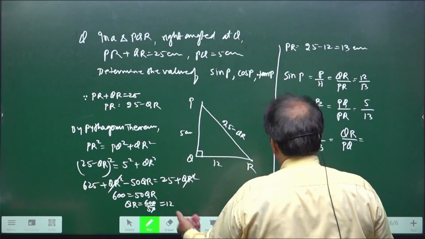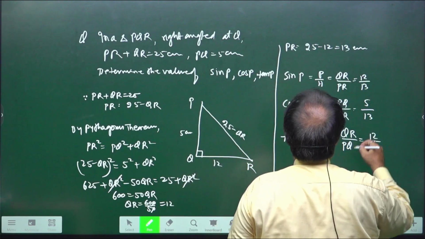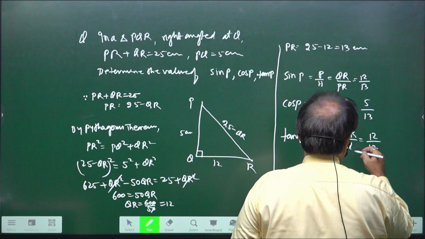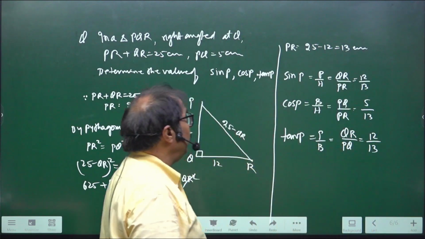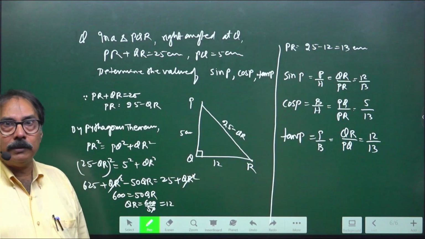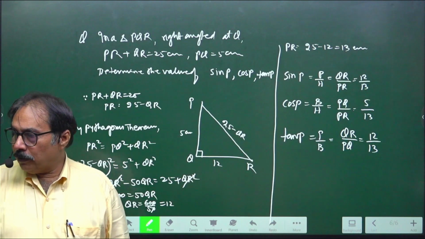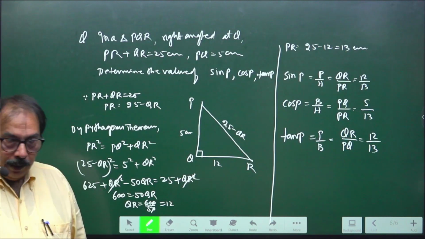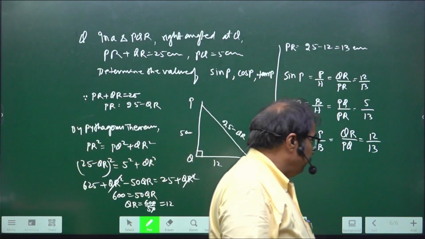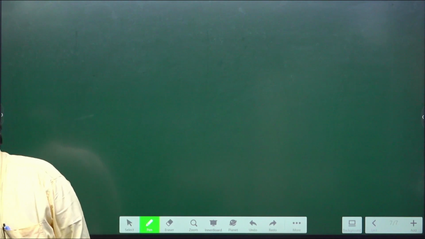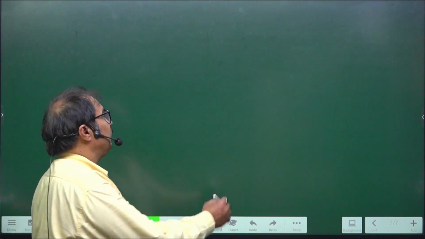The value of QR is 12 and the value of PQ is 5. So in this way we will calculate the values. Got it? Now in the next class we will find trigonometrical ratios of some specific angles.